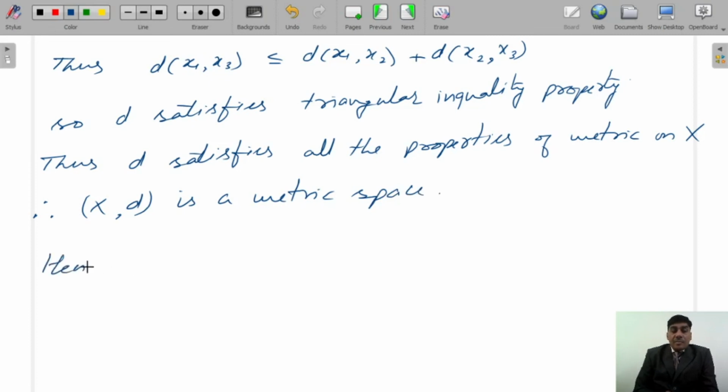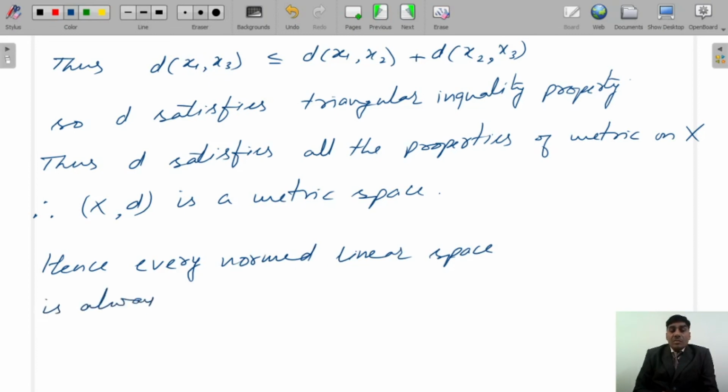Hence every normed linear space is always a metric space.